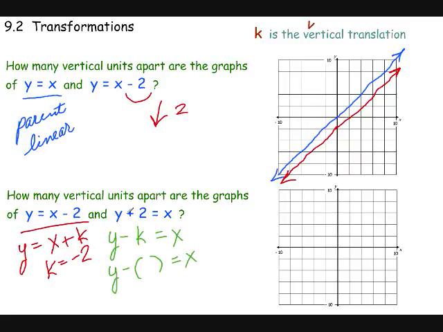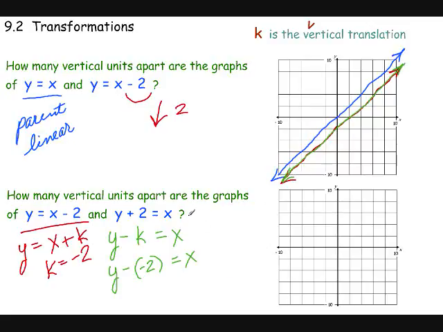In order for this to turn out to be positive, it must be a negative 2. So if I have a linear function, and it still has a vertical shift downward, 2, it's actually right here along the same line as I had earlier.